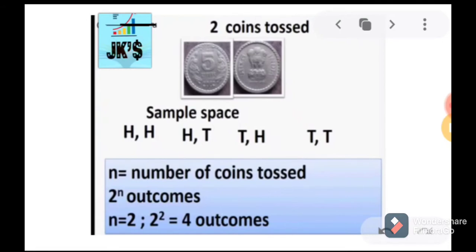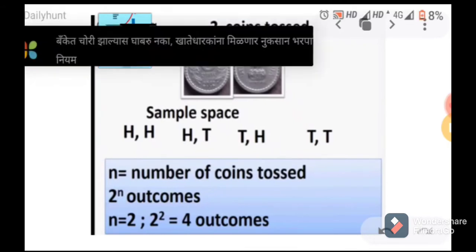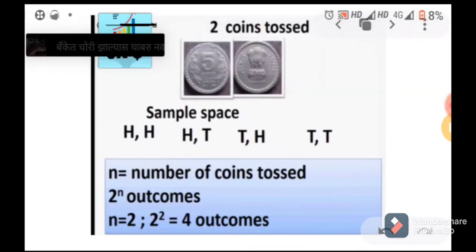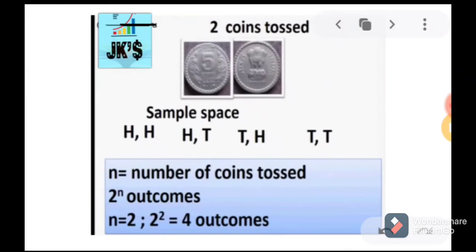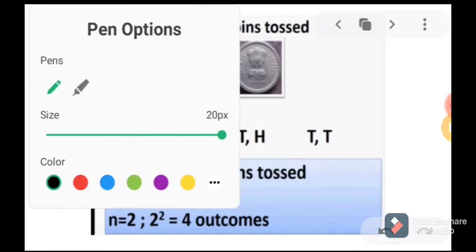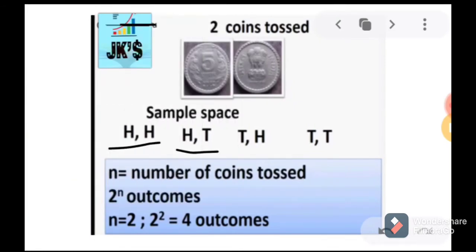But when we toss two coins simultaneously, the possibilities are: we get head on both the coins, head on the first coin and tail on the second coin, tail on the first coin and head on the second coin, or tails on both the coins.